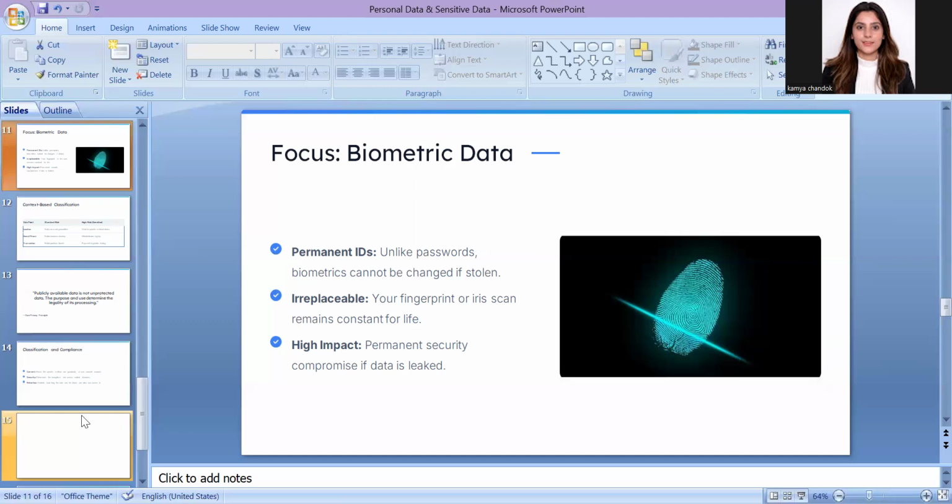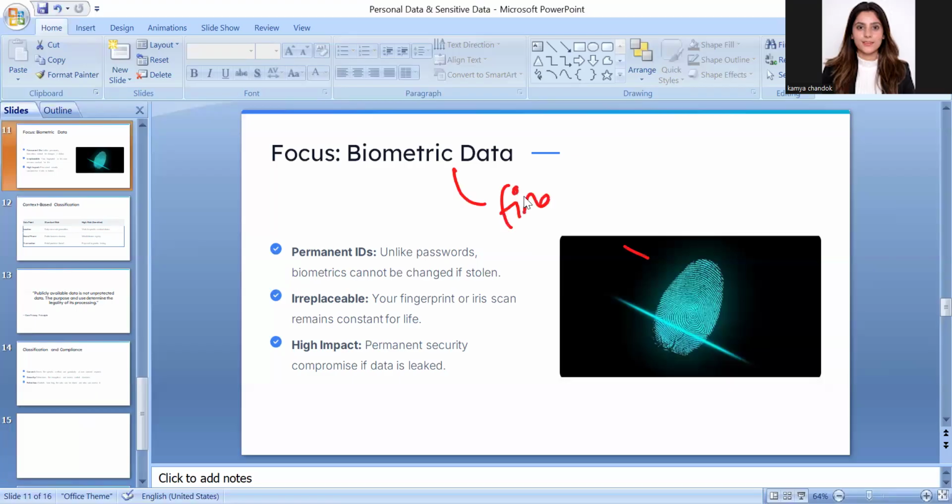And now talking about biometric data and the irreversibility here. Biometric data does deserve special attention, because biometrics include your fingerprints, or it could also include your facial recognition data, right?